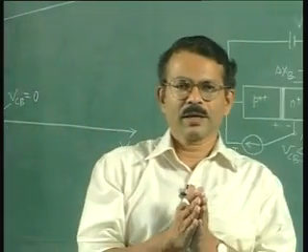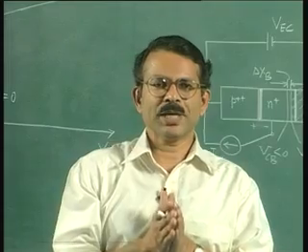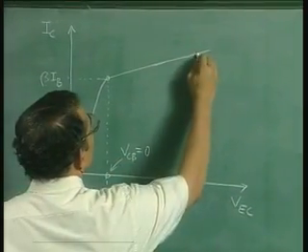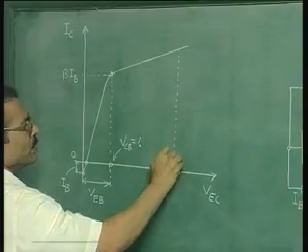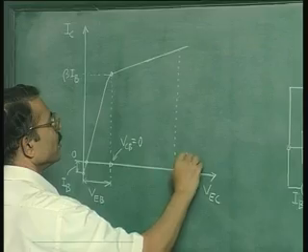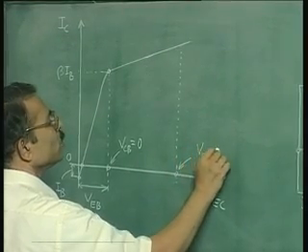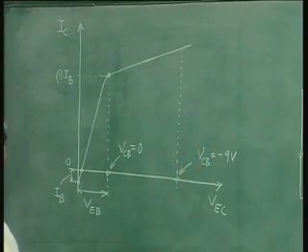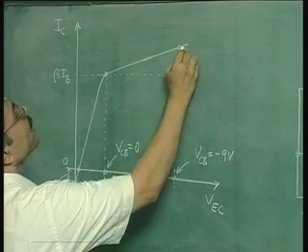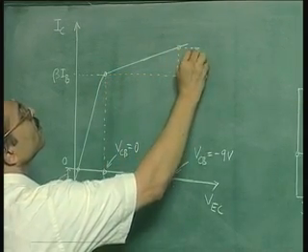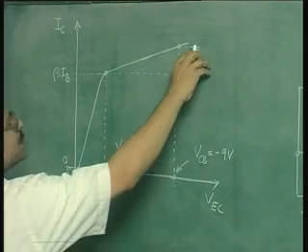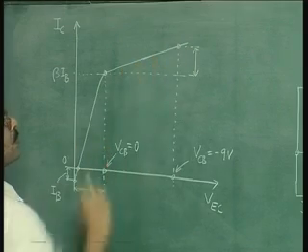So, if we try to put this information on this curve here, then it would mean that when you go to the point corresponding to VCB equal to minus 9 volt, then this change in current will correspond to 40% change in the beta.